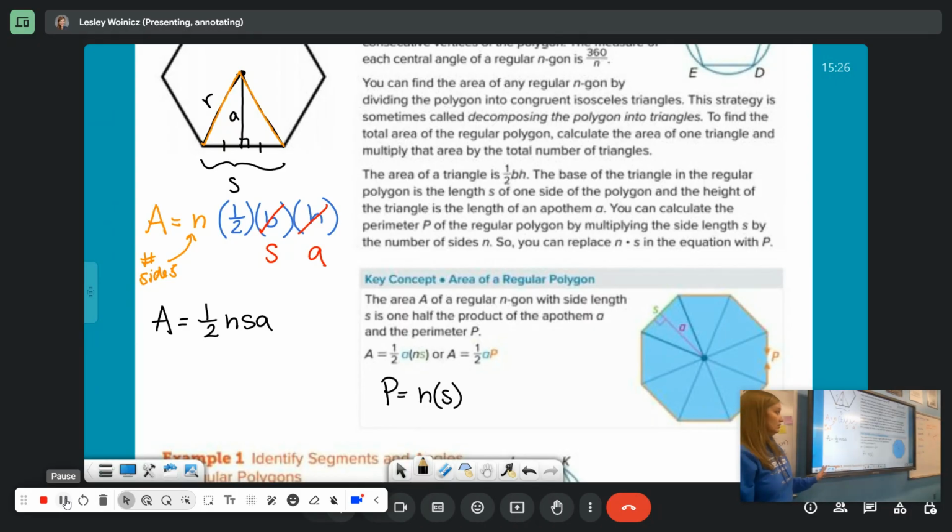So these are all equivalent: 1/2 NSA, 1/2 A times N times S, 1/2 AP. You pick your favorite. I don't care. They're all right.